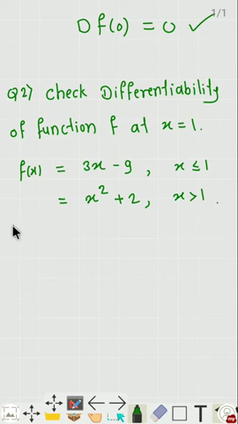Let us write the answer for this question. So in first case we will find the derivative of function f at 1 plus. So this is right hand derivative. We find 1 minus first. Okay, 1 minus means left hand derivative.